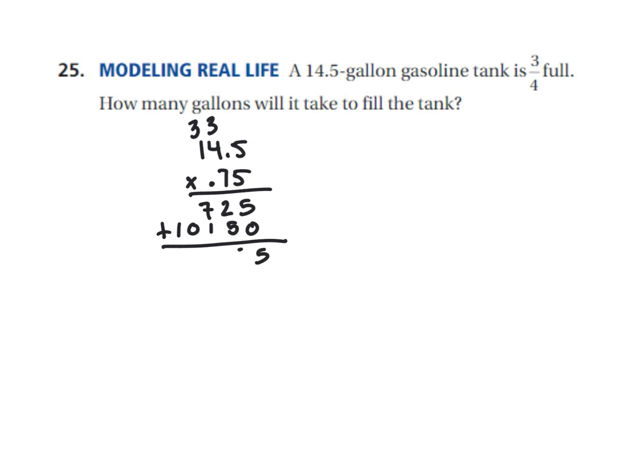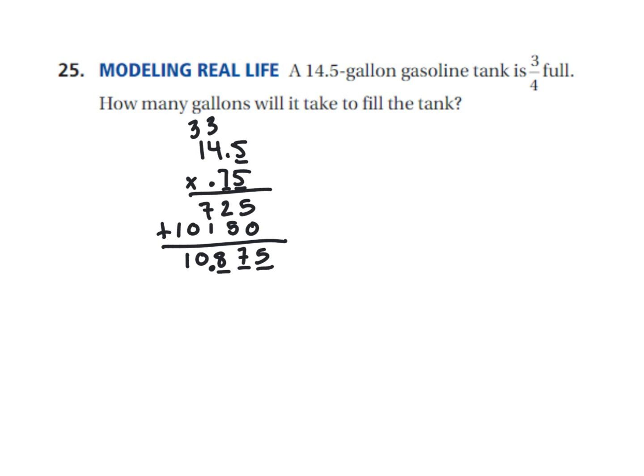So now when we add those up, we end up with 10875, and we had 3 digits after a decimal point. So we need 3 digits after the decimal point here, meaning 10.875 gallons are in the tank.